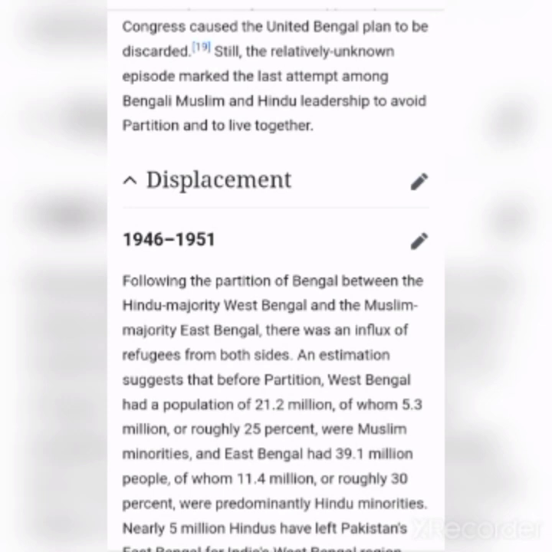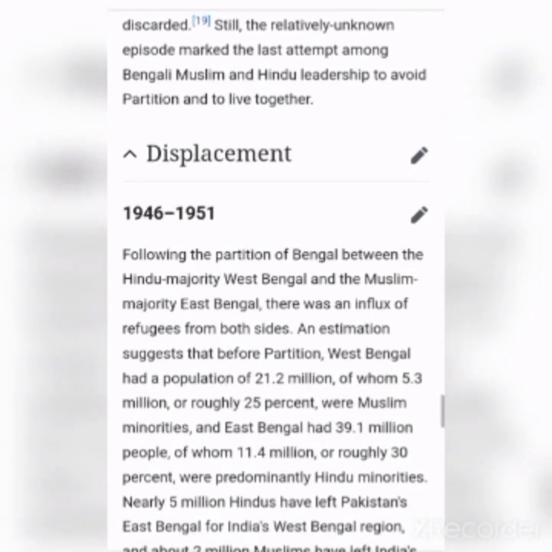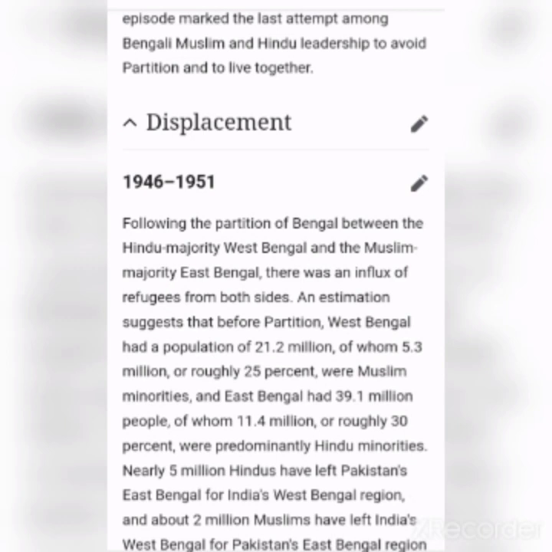Following the partition of Bengal between the Hindu majority West Bengal and the Muslim majority East Bengal, there was an influx of refugees from both sides.